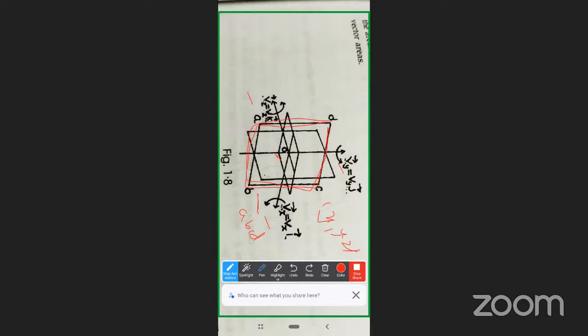Then this is the x-axis. Along one side, let AB side, we take the average values along the four sides of the rectangle. First, along the AB side the value is Vx minus 1 by 2 dou Vx by dou y into dy.